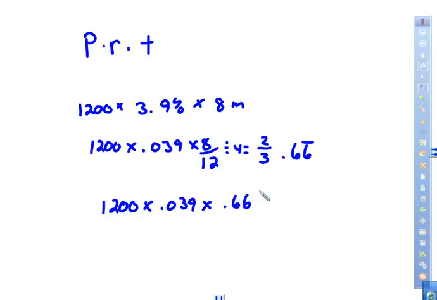So take that number first of the 0.66 repeating times 0.039 times 1,200, and you would get $31.19988, which we're rounding to the nearest penny, so $31.20.